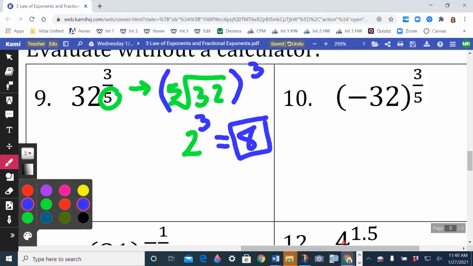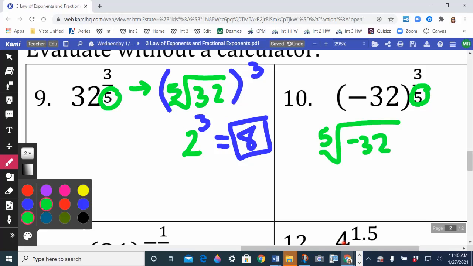Now, when I'm doing the next one, same idea. Again, I'm going to start with the root because it makes it smaller. So I'm going to take the 5th root of a negative 32. And you might say, hey, I can't take the root of a negative. You can take an odd root of any number, positive or negative, because a negative times a negative times a negative, where you have an odd amount of them, is always negative.